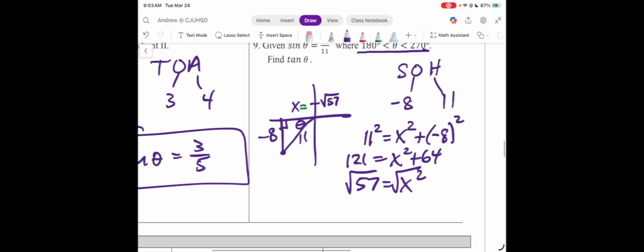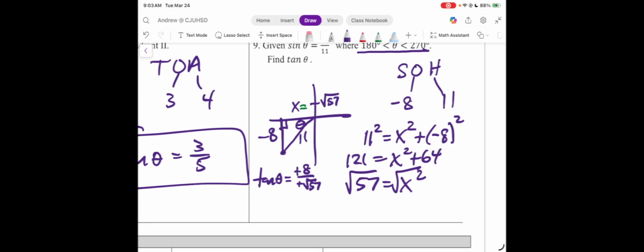Okay, now I'm supposed to find the tangent. Opposite over adjacent. So the tangent of the angle is negative 8 over negative root 57. Okay, the negative and the negative cancel out, so it'll be positive.